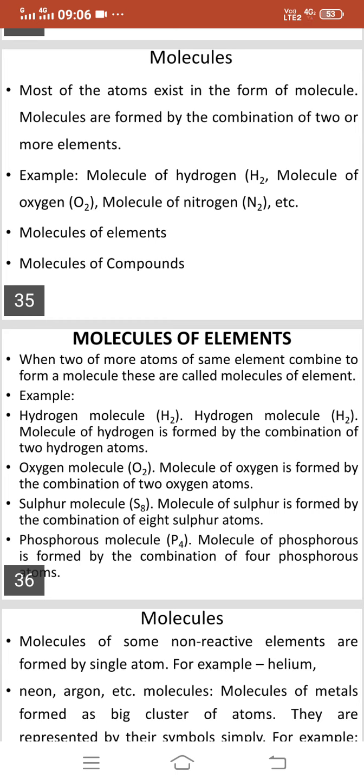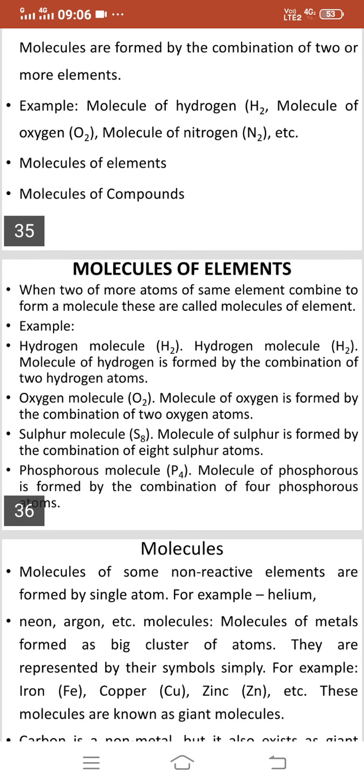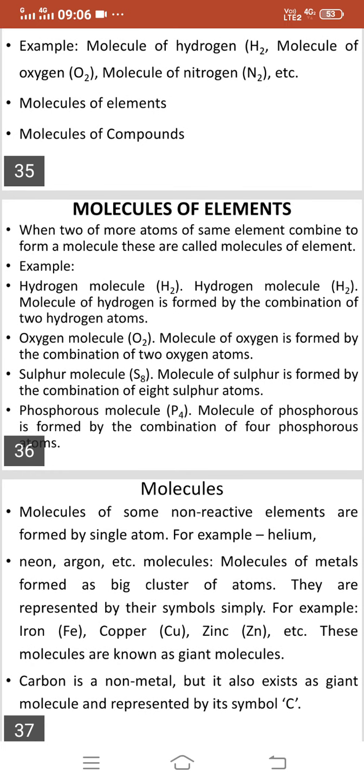Oxygen molecule: a molecule of oxygen is formed by the combination of two oxygen atoms. Sulfur molecule S8: a molecule of sulfur is formed by the combination of 8 sulfur atoms. Phosphorus molecule P4: a molecule of phosphorus is formed by the combination of 4 phosphorus atoms.